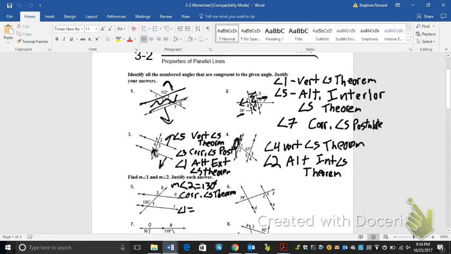Or no, this one's fine. Angle 1 equals 50 degrees because of the linear pair postulate. The linear pair postulate says that all linear pairs are supplementary. We know that supplementary angles have a measure which add up to 180 degrees, and that's about it.